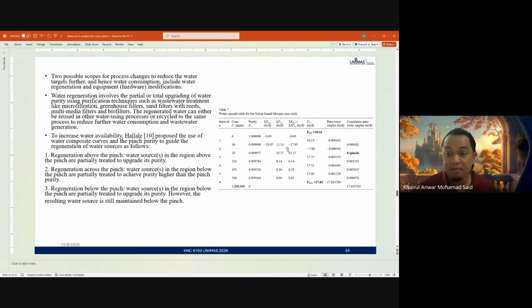Yeah, rainwater. Across the pinch, the sphere. 25.17.